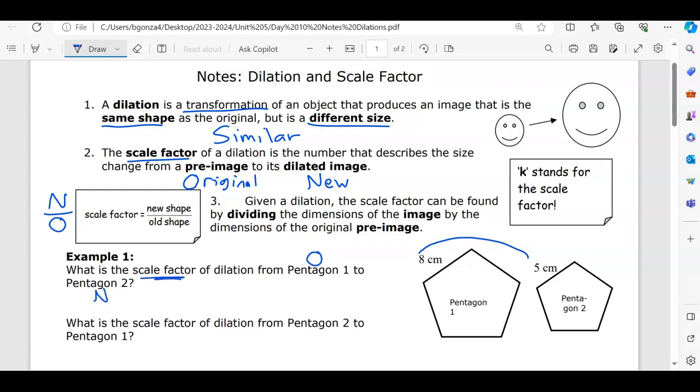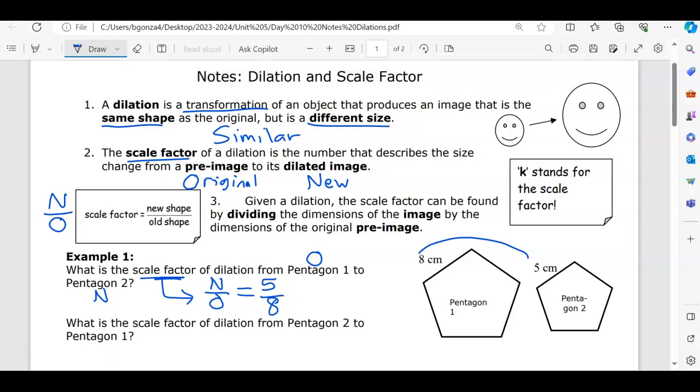So when I'm doing scale factor, I'm going to do N over O between two corresponding sides. Okay, so the new, we said, is pentagon 2, which is 5, over the original, pentagon 1, is 8. 5 over 8 is my N over O scale factor.